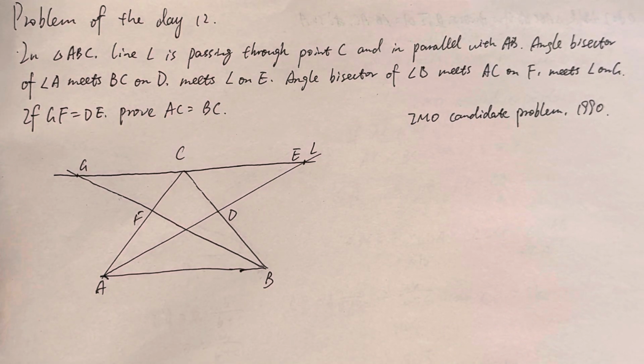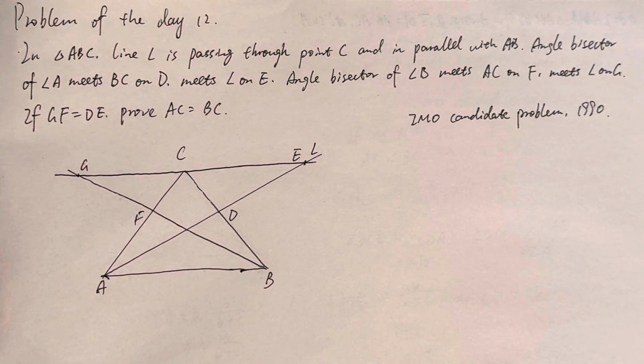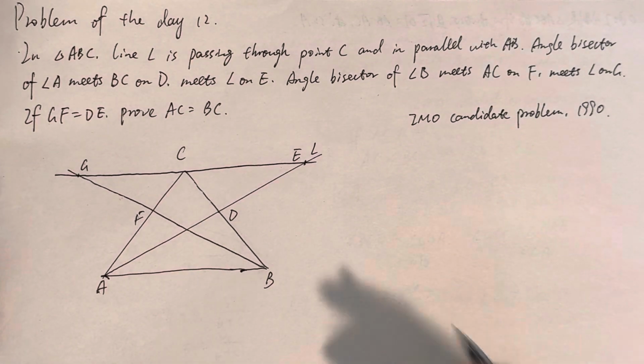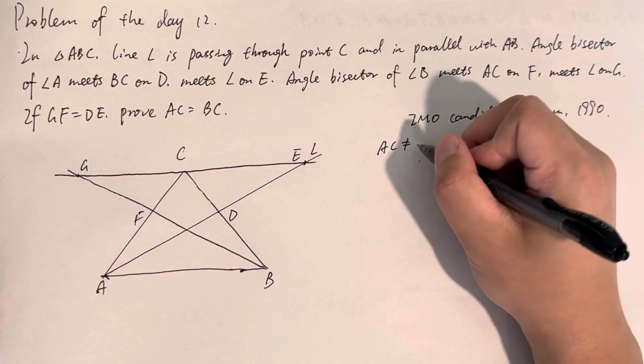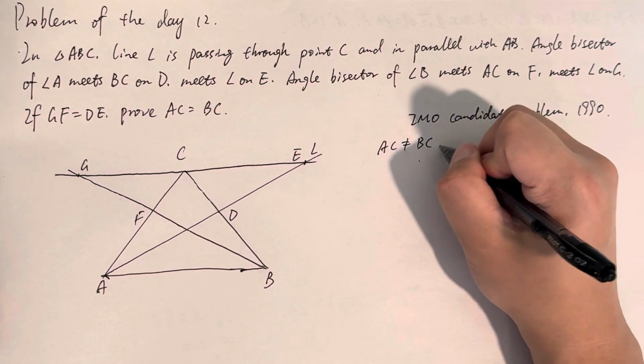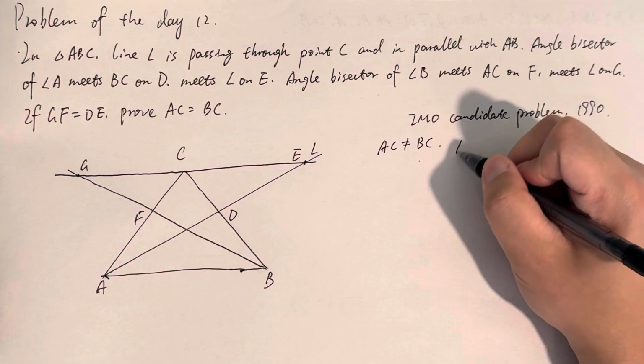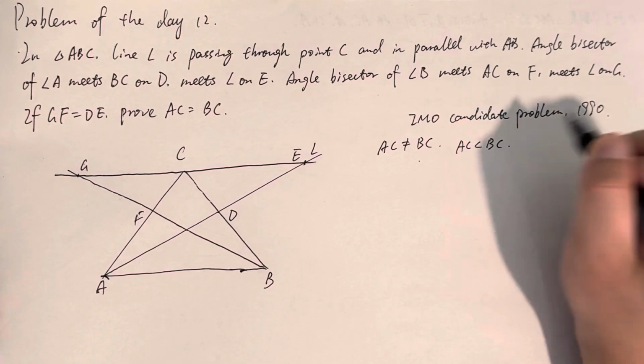So for this kind of problem, we need to think of a way: we make the assumption that AC does not equal BC, right? For example, AC is smaller than BC.